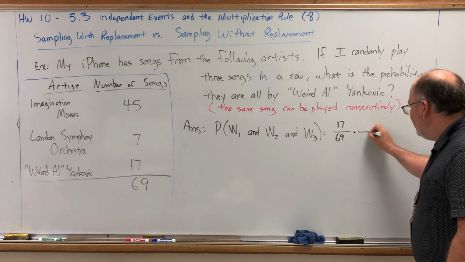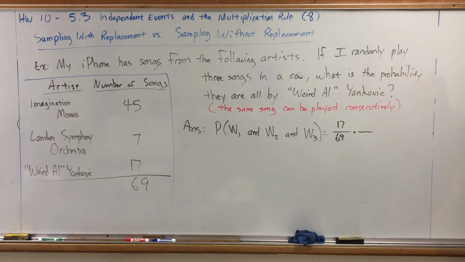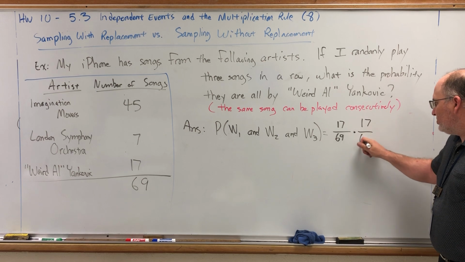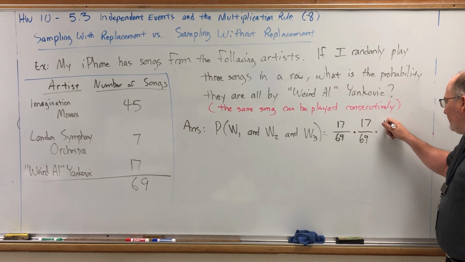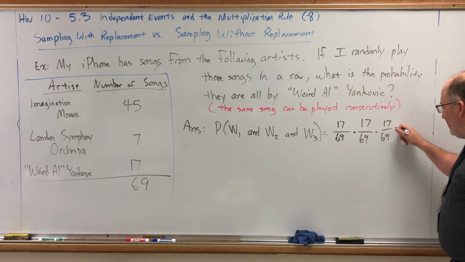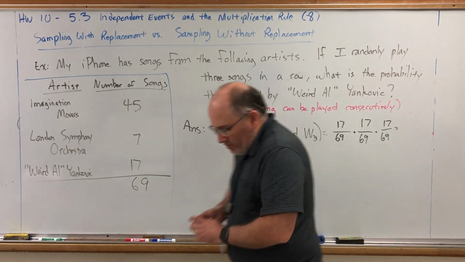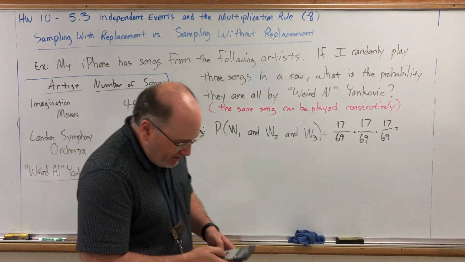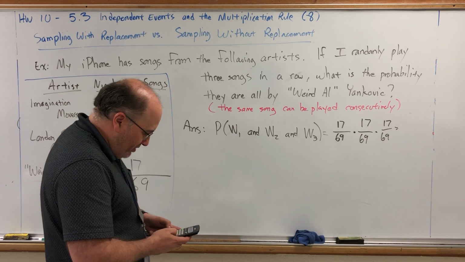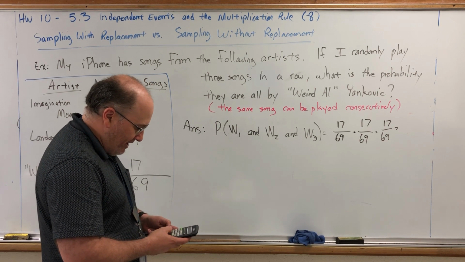So what's the probability the second song will also be from Weird Al? Well, assuming that I can play the same song back to back, there are still 17 out of 69 songs. And the same thing for the third song. So whatever that equals would be the probability of having 3 back-to-back Weird Al songs play.